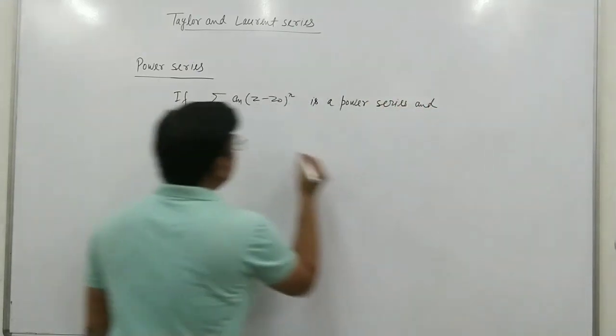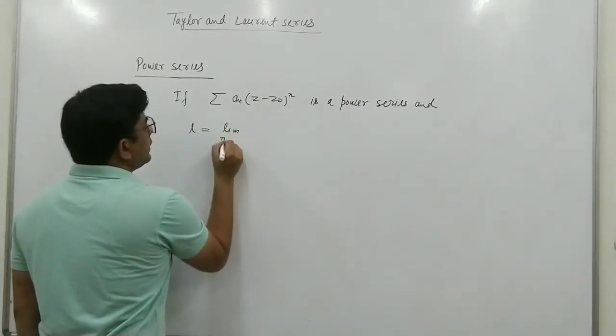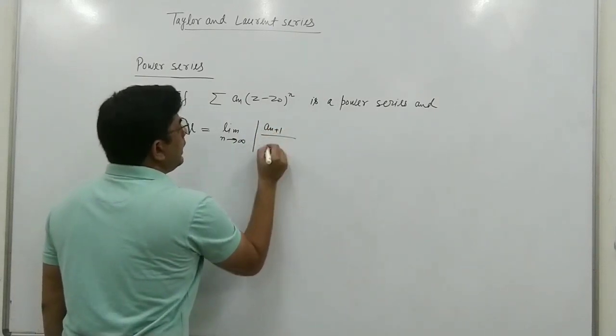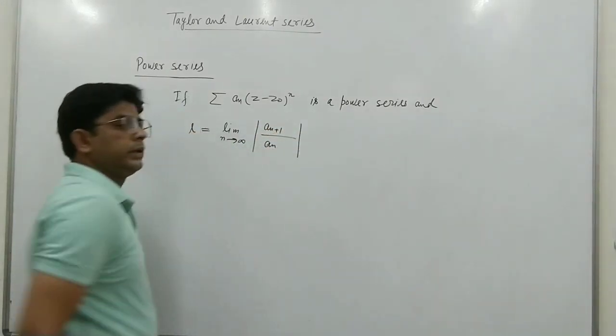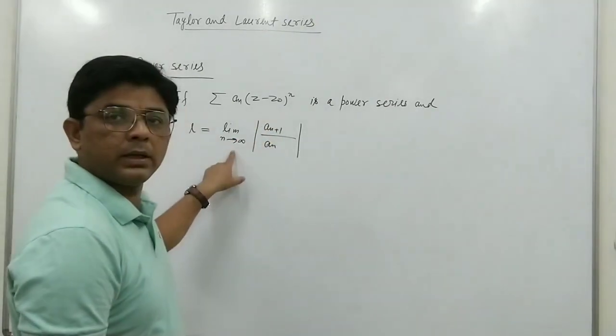So if this is the power series, and suppose we take L equal to the limit as n tends to infinity of mod of a(n plus 1) upon an. That is, we take the mod ratio and then the limit n tends to infinity.